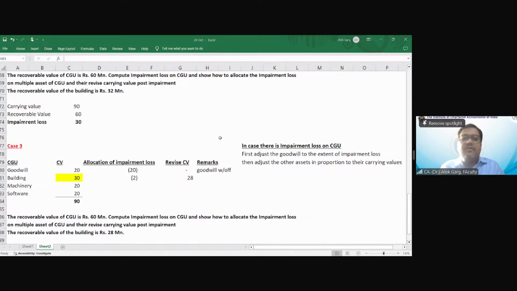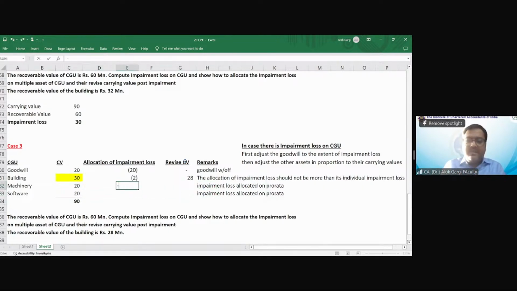Allocation of impairment loss should not be more than its individual impairment loss. Correct? And then the impairment loss is allocated on pro rata.